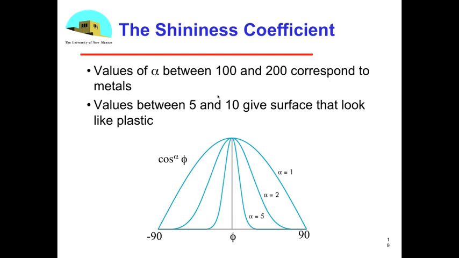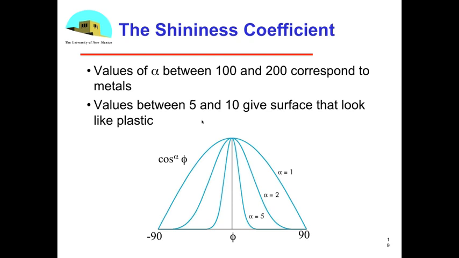So as I put higher and higher values of alpha in here, I get a narrower and narrower focus, and I'm getting more and more like a mirror. If you use this model, values between say 100 and 200 might correspond to very shiny metals, and values between 5 and 10 might give you a surface with a little bit of a specular highlight, like something made out of plastic.